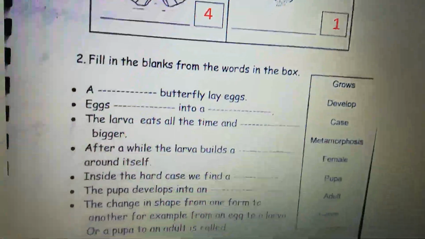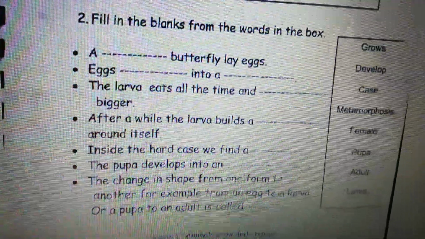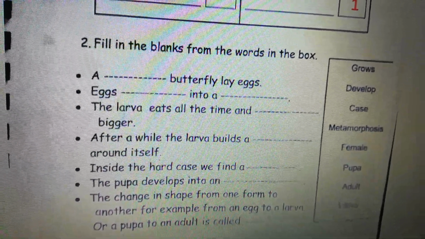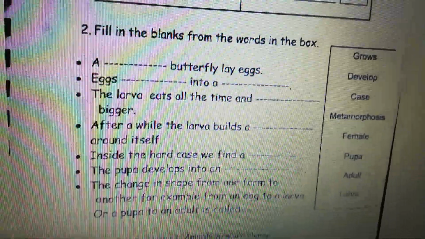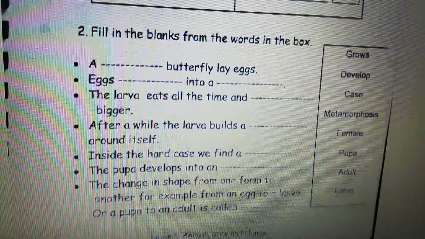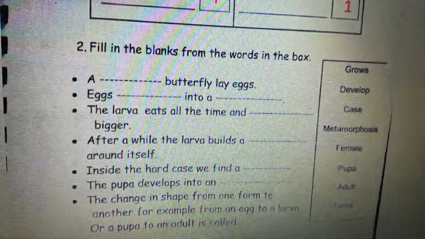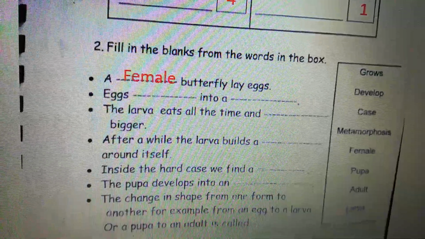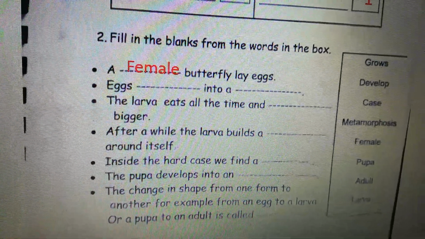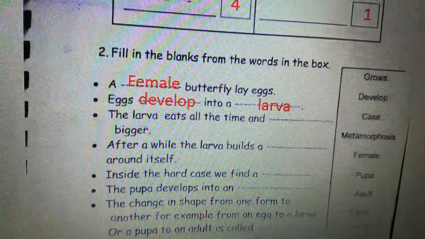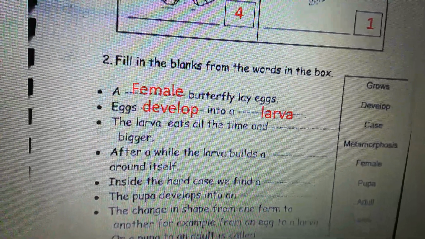Now we have to fill in the blank with the correct word from the box. A, butterfly lays eggs. We said in the previous lesson that the female is the one that lays eggs. So the missing word is female. A female butterfly lays eggs. The eggs develop into a larva or a caterpillar.